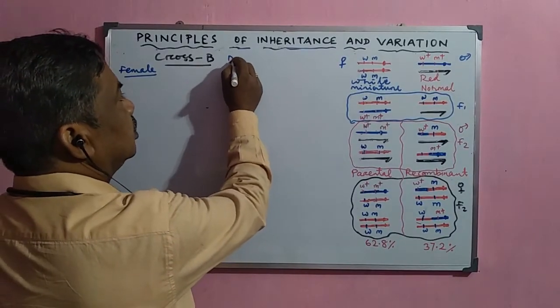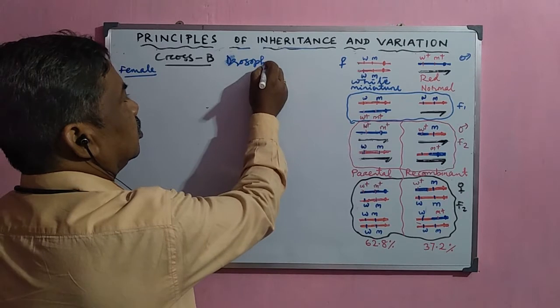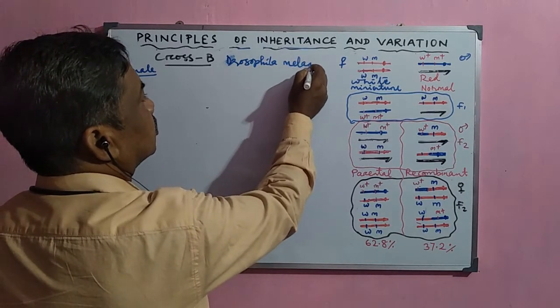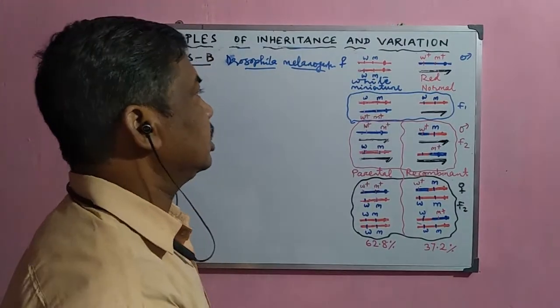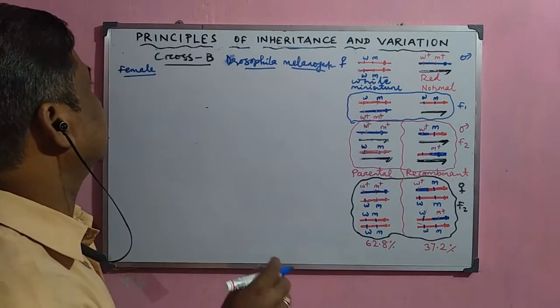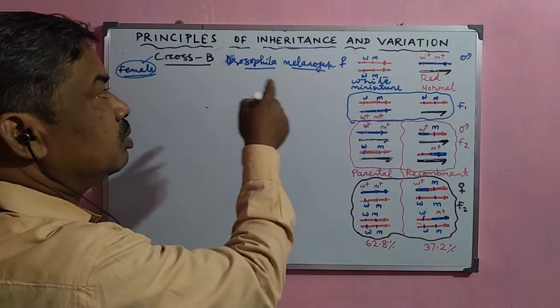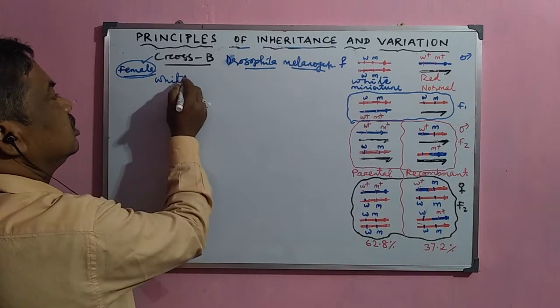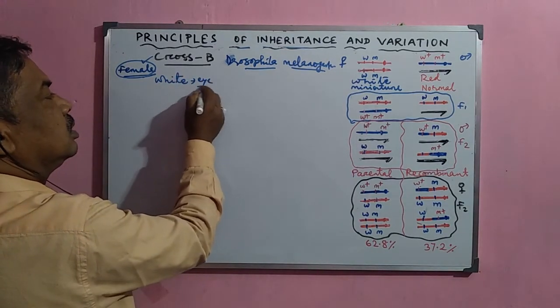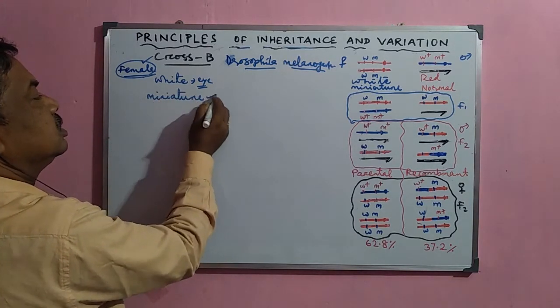Morgan conducted another experiment on Drosophila melanogaster by taking another character, and in this dihybrid cross experiment, Morgan took the female Drosophila having the white eye color, and the wing size is the miniature wing size, which is the recessive type.